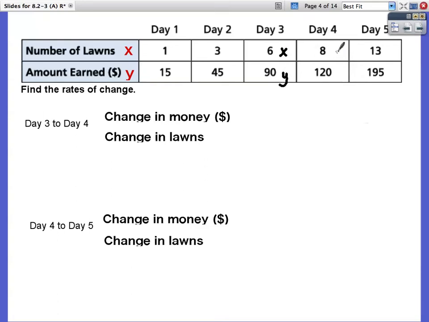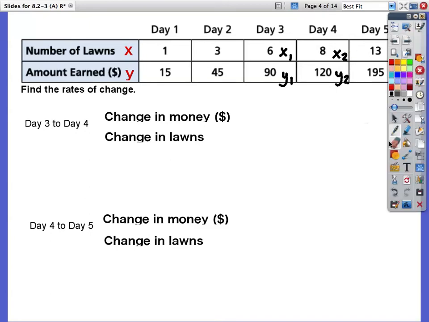To day 4, this is our x, and this is our y, our input and our output. I'm going to just call this x1 and this y1 because it's the first one I see in the table when I read it from left to right, and it's the first day in our list here. We want to find the rate of change from day 3 to day 4. So that means this must be x2 and this must be y2.